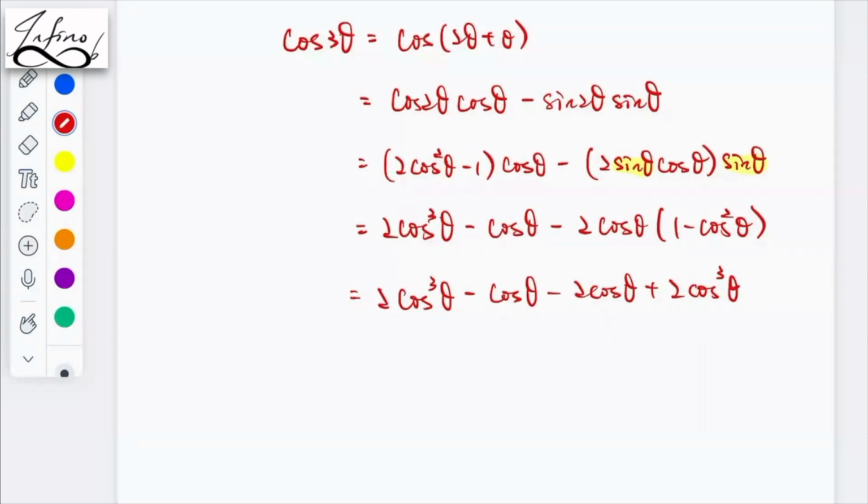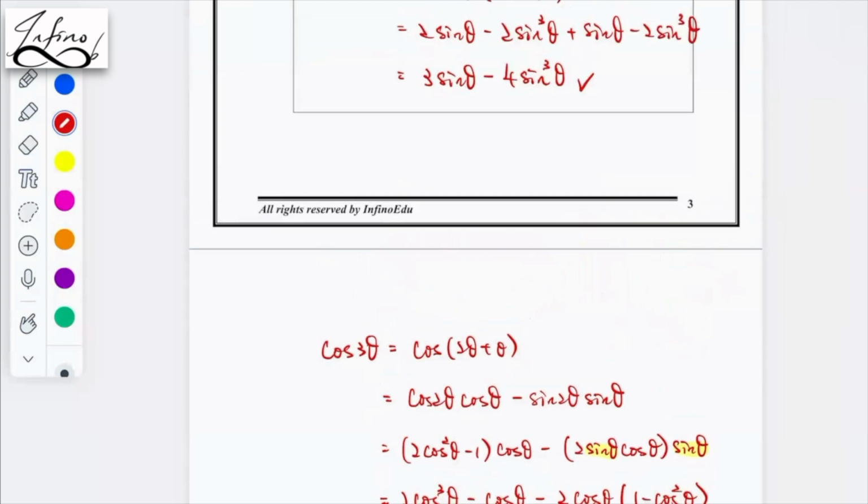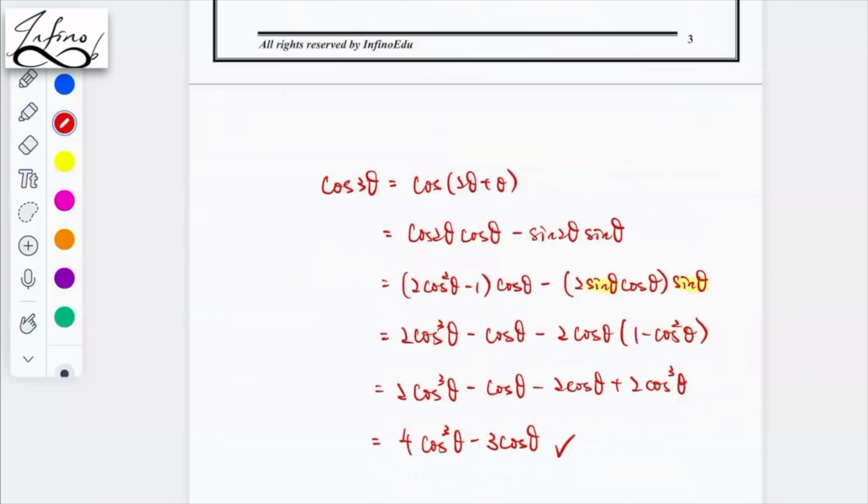And that's why my final answer is 4 cosine cube theta minus 3 cosine theta. So let us check the form: 4 cosine cube theta minus 3 cosine theta.